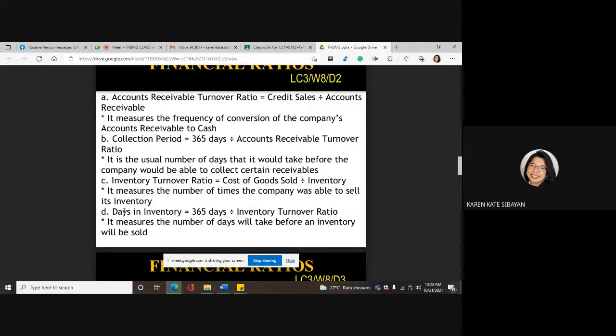Kung kailan ba or ilang days ba ang kailangan kong hintayin para mabenta yung mga product na to. Why? If you know the schedule, kung kailan nauubos ang materials mo, kung kailan mabilis mabenta ang product mo, makakatipid ka rin dyan class sa transportation cost na tinatawag. Mapaplano mo na kaagad, diba?